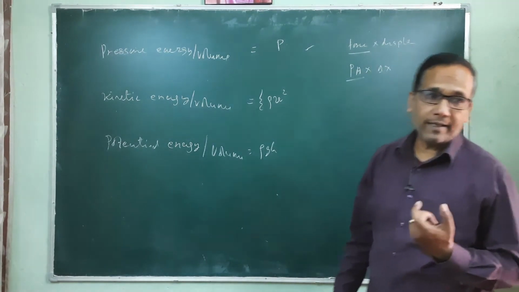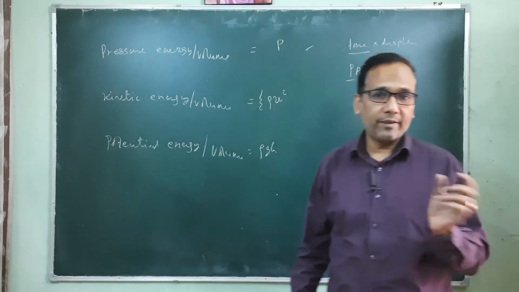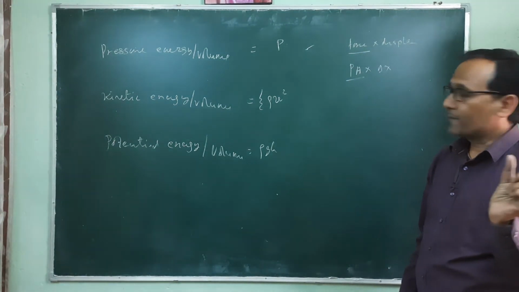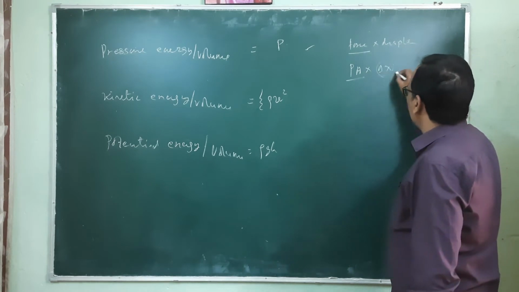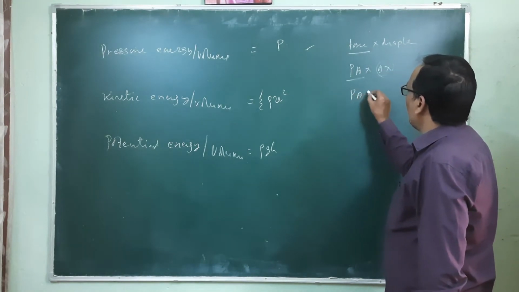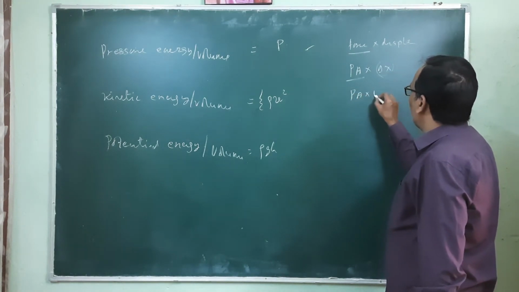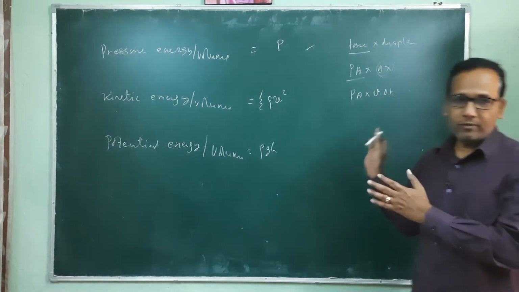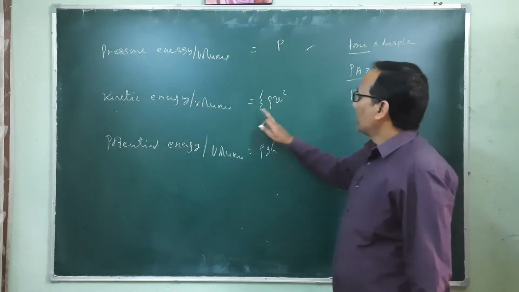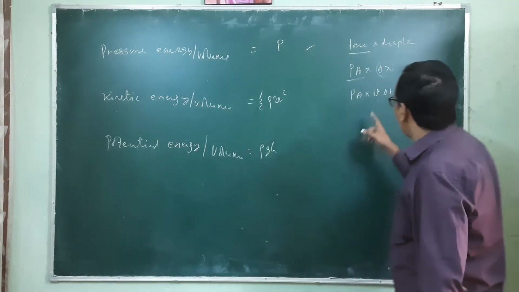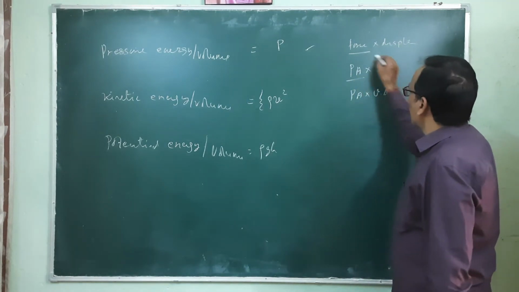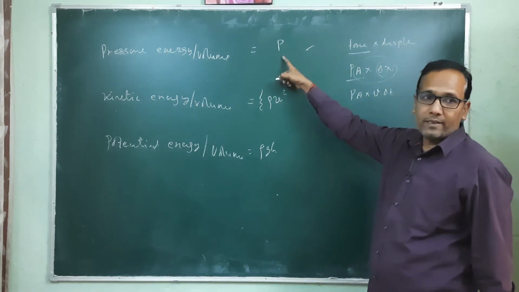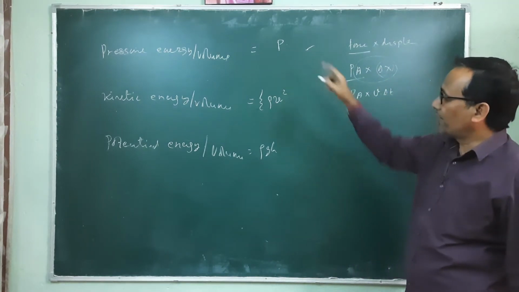And this delta x was written in terms of velocity and the time taken to shift that amount of liquid for a very small infinitesimal displacement. So this is PA multiplied by V multiplied by delta t, and then we have further calculated. In order to calculate per unit volume, when we divide this by volume, then that will be the pressure.